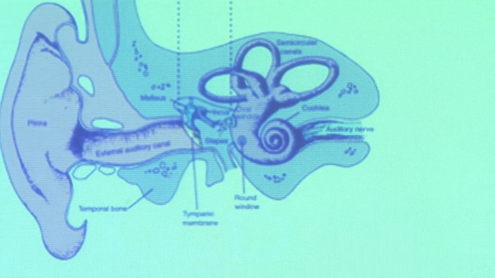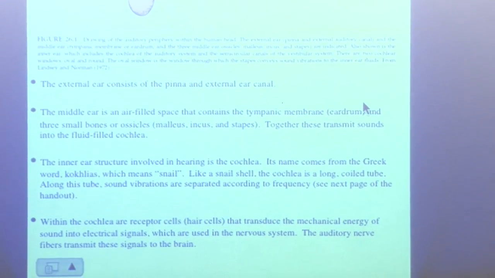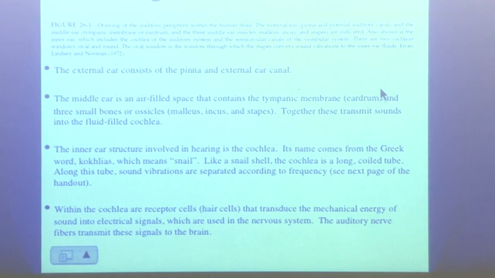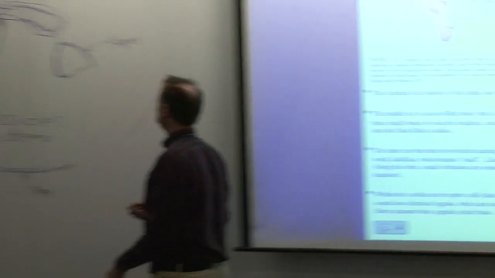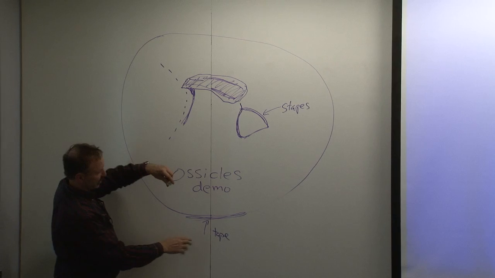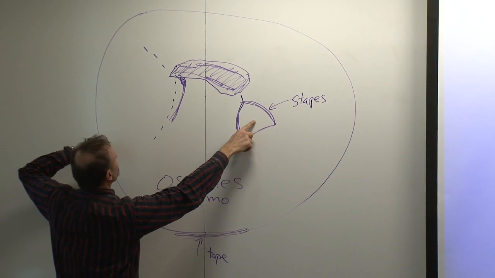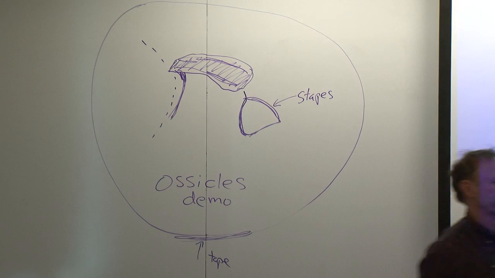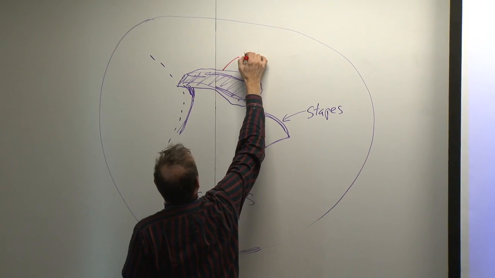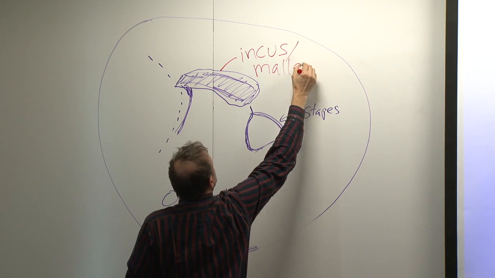So I have a demonstration of ossicles, and I'll pass them around. These are ossicles from a guinea pig, and they're glued to the bottom of this little vial. And I made a kind of a crummy drawing of them. But if you hold this vial so that the piece of tape on it is downward, you get this view here. You have the stapes. And I didn't list the other ones. But in the guinea pig, the incus and malleus are fused, so they can be considered one.